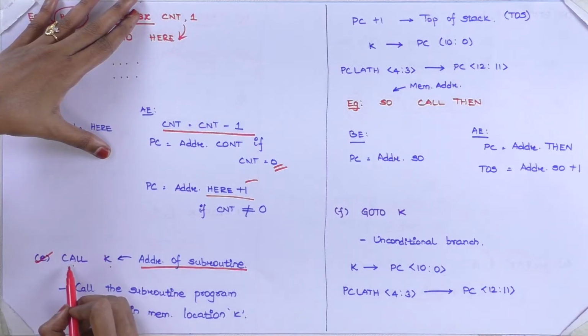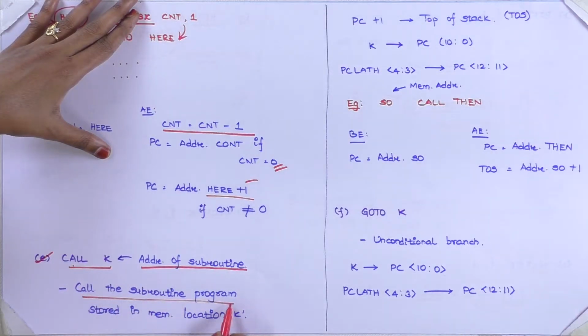Okay. So this call instruction will call the subroutine program stored in the memory location K. While calling a subroutine, which is nothing but calling a program in another location, which is not similar to the main program that we are executing now, we are supposed to save the status of our main program in the stack.